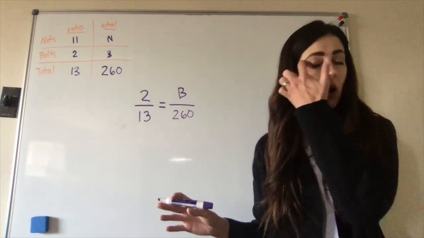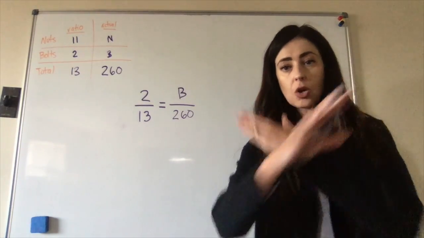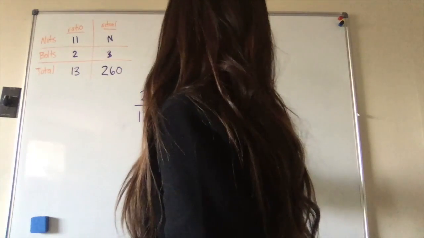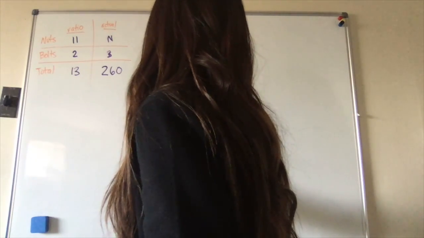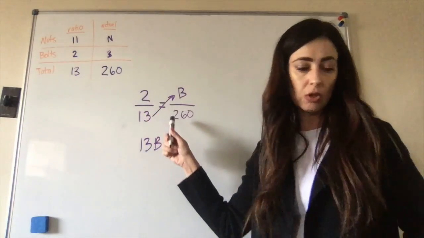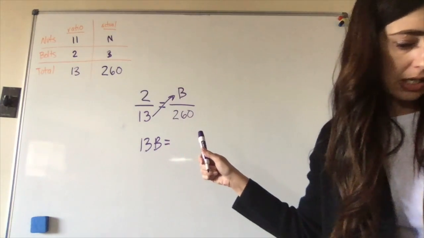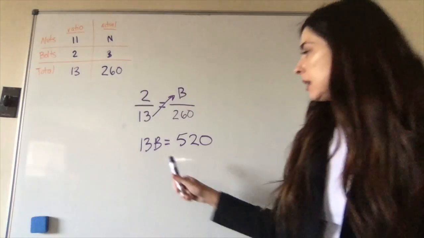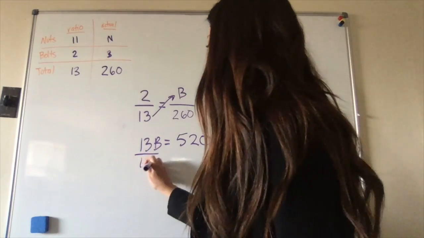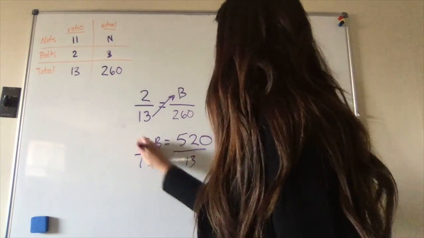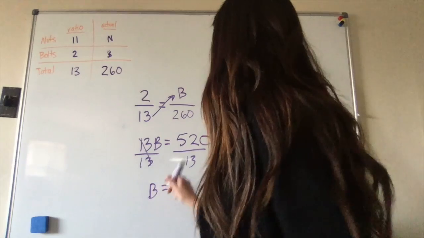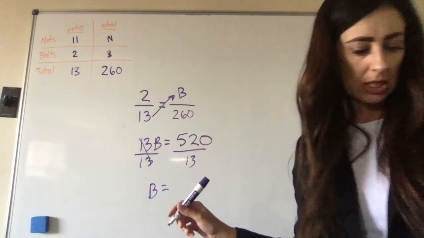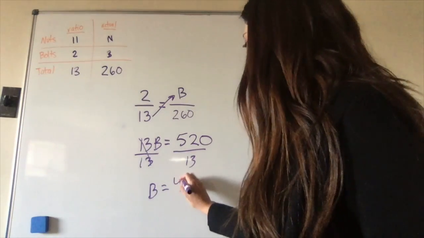Anytime we have a ratio, all we have to do is cross multiply, okay? So we get 13B is equal to 2 times 260 is, let's see, 2, 4, 520. And when we divide each side by 13, those cancel out, B equals, and 520 divided by 13 is 40.